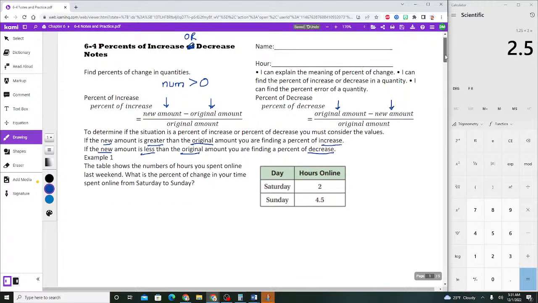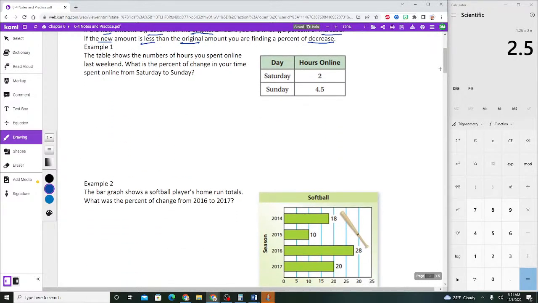So let's look at this first problem. The table shows the number of hours you spent online last weekend. What's the percent of change in your time spent online from Saturday to Sunday? We're going from Saturday to Sunday, meaning Saturday is the original and Sunday is the new.